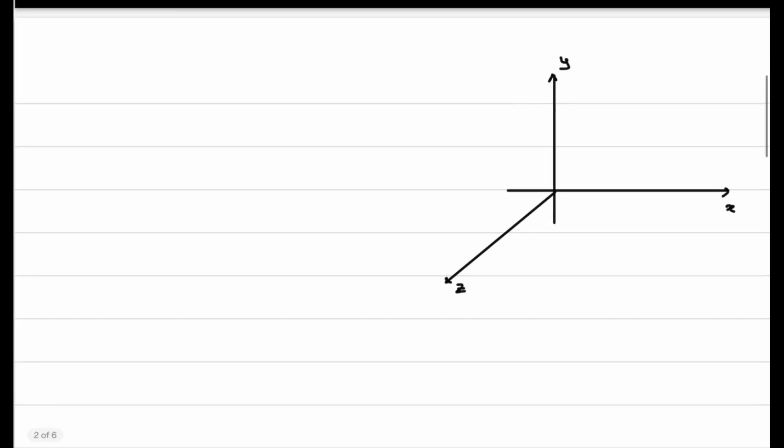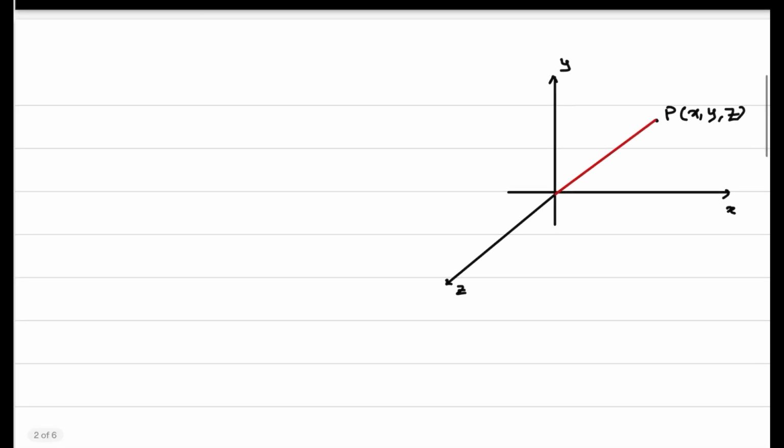And for that, let us say the position is point P. It has coordinates x, y and z. And this is the positional vector.